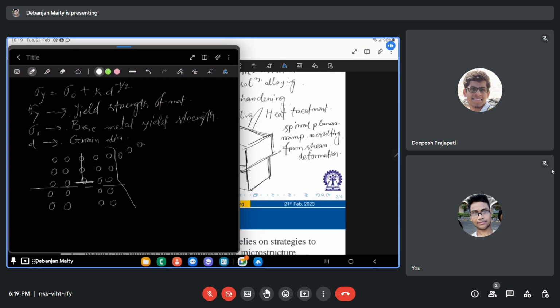So there will be orientation mismatch across the grain boundary. Whenever you increase the grain boundaries, that means you are reducing the grain size.